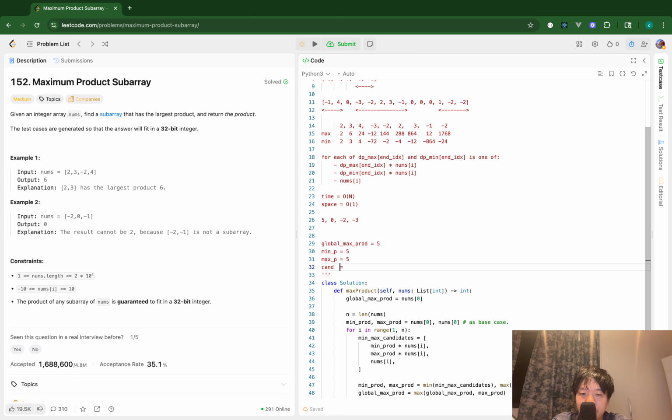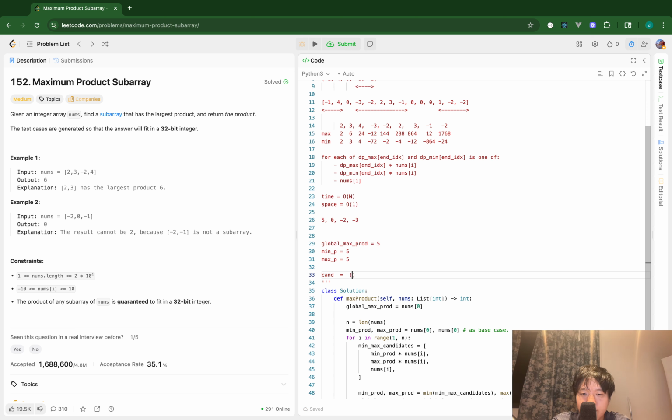So firstly, in line 41, the candidates should be 5 times, now current number is 0, so 0, 0, and 0. Yep, all of them should be 0.